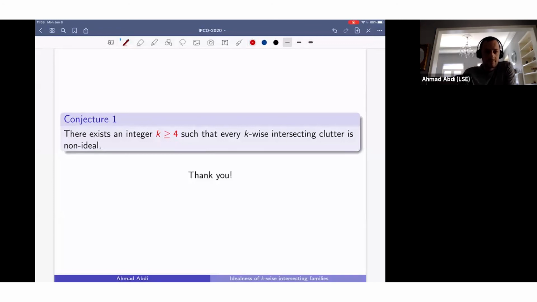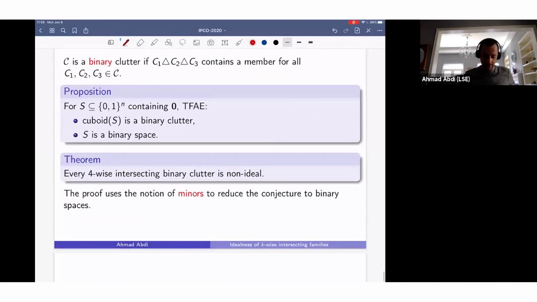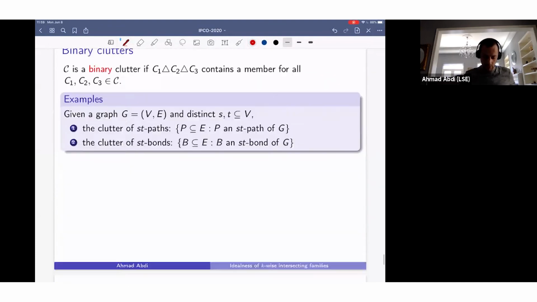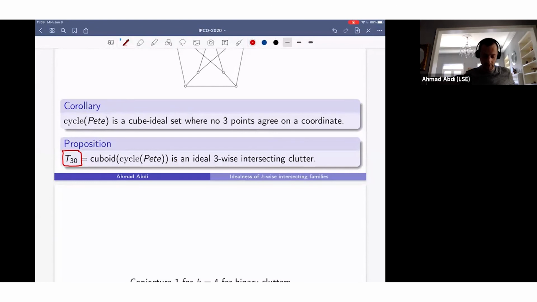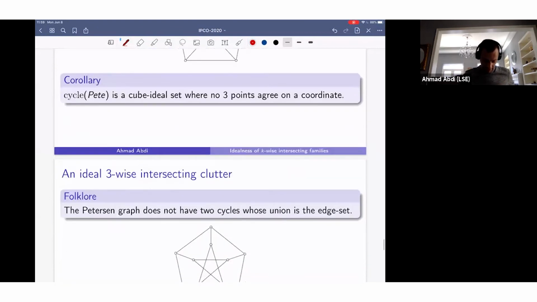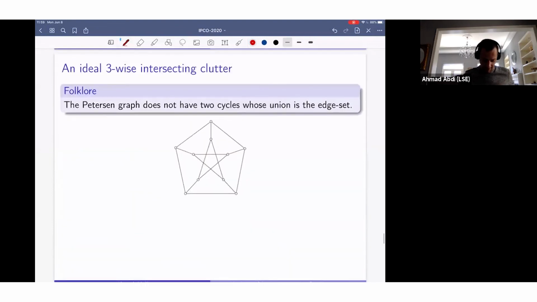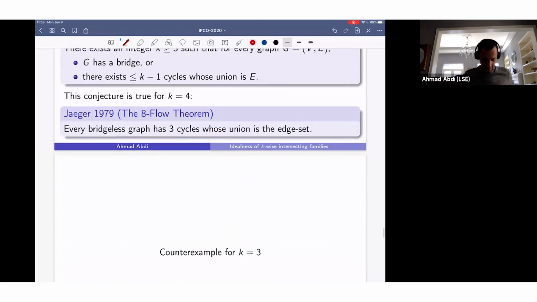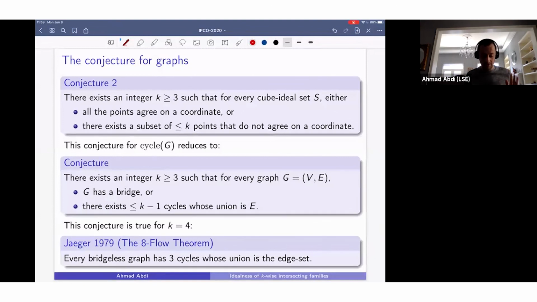Sam asks, what are you using the 8-flow theorem of Jaeger for? Basically, we use the 8-flow theorem of Jaeger to prove the conjecture for binary spaces. I think everything's summarized here. So if you look at the cuboid ideal sets, we have this conjecture 2.